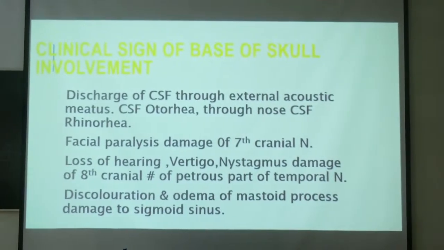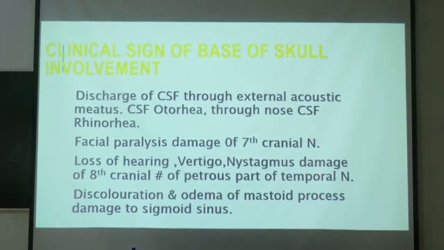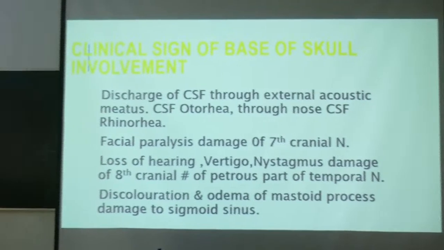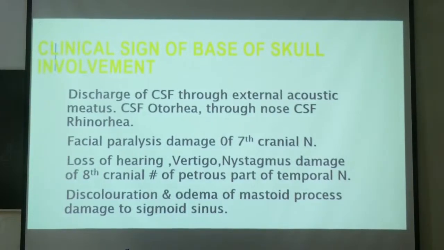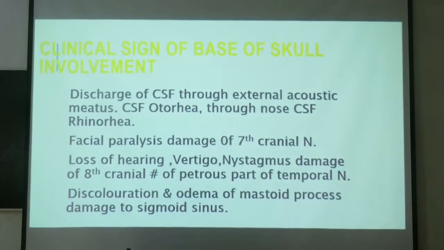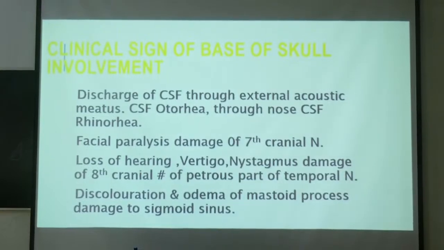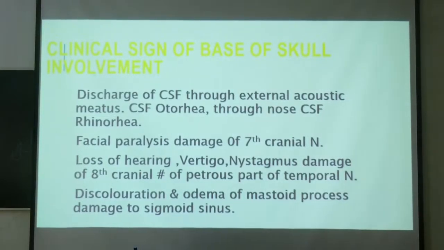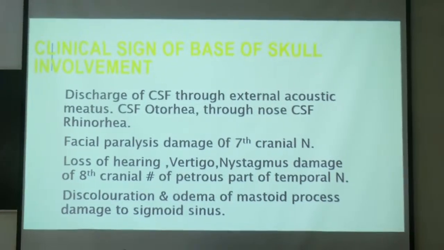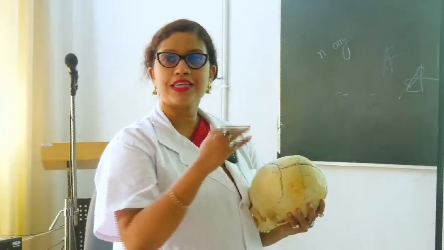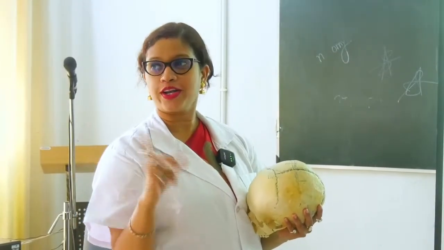আরেকটা কি? Facial paralysis due to damage of 7th cranial nerve. So that is the Bell's palsy. Okay, loss of hearing হলে কোন নার্ভ ইনভলভ? অডিটরি। Okay, vertigo, nystagmus, do you know? Are you aware of this term? Vertigo মানে হচ্ছে মাথা ঘোরা, but there are two type of vertigo. When the person is fixed but environment is rotating.